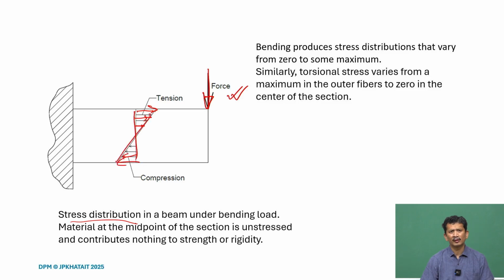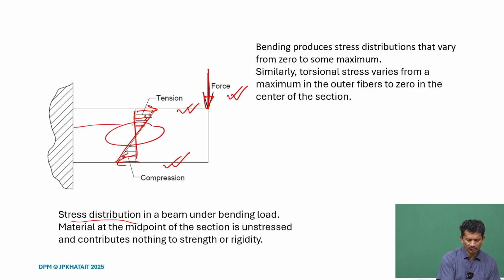It is linear, and the topmost layer will be in tension and the bottom layer will be in compression. And if we look at the middle section, it is not taking much load, or in a way we can say it does not contribute much.